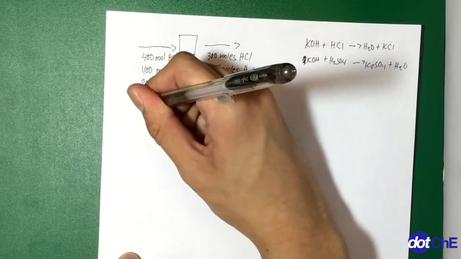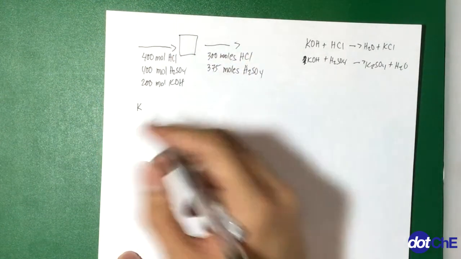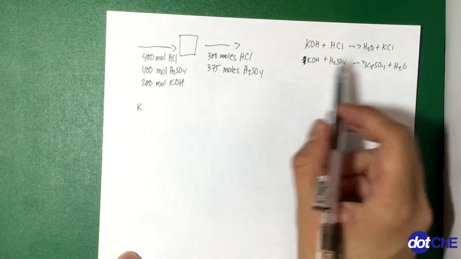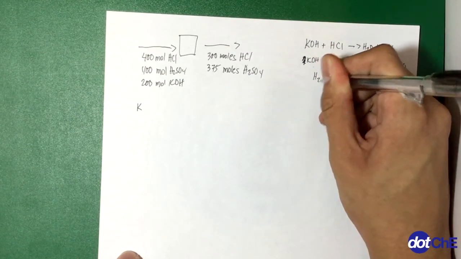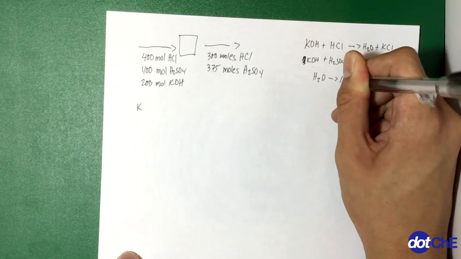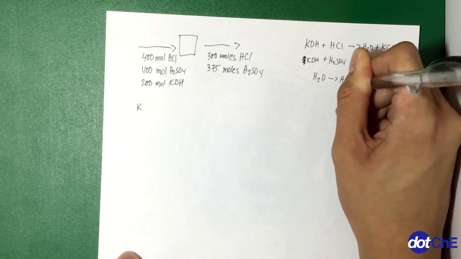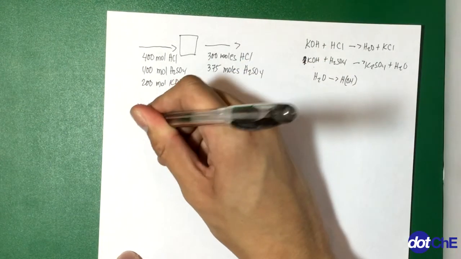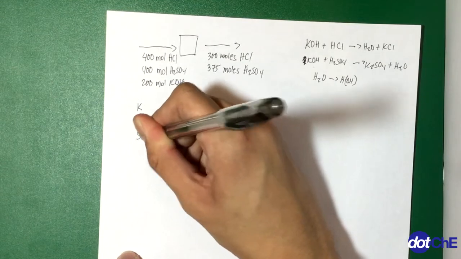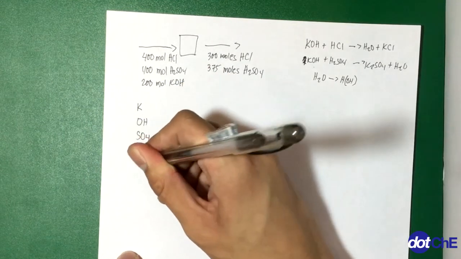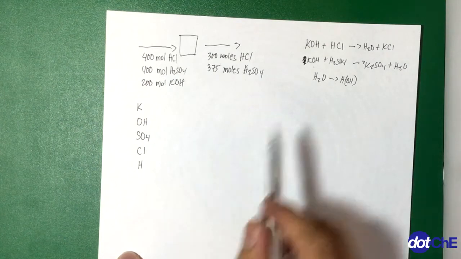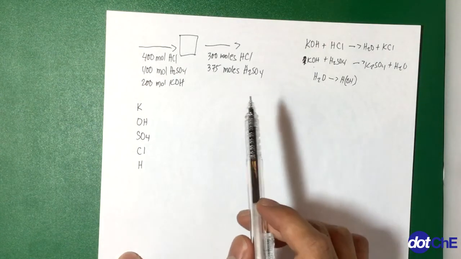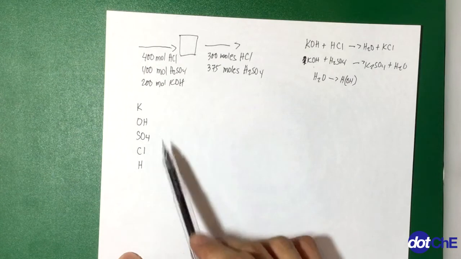So I have K, I have OH, which is preserved because I could write H2O as HOH. So I could write OH, I could write SO4, I could write Cl, I could write H, and that's technically it. So I could write 5 different balances.